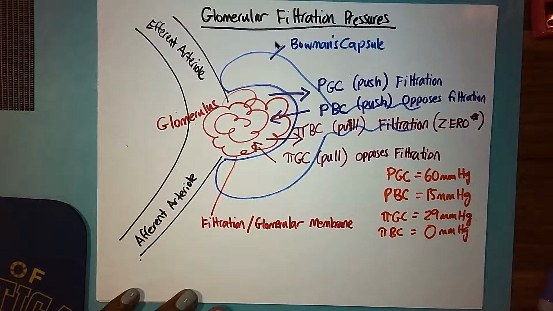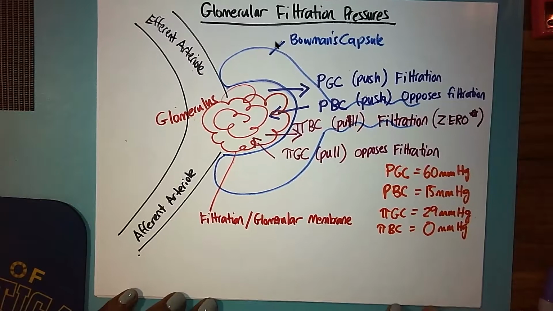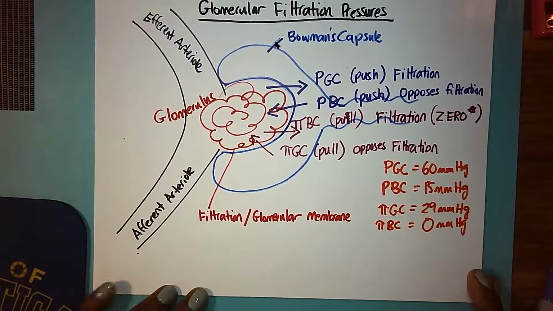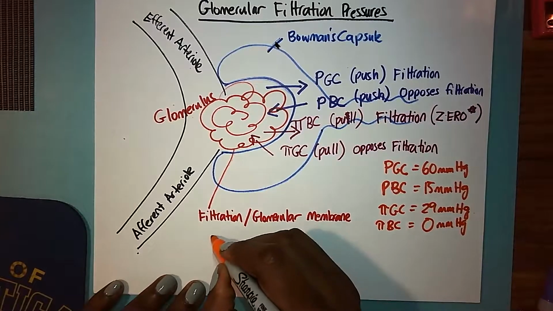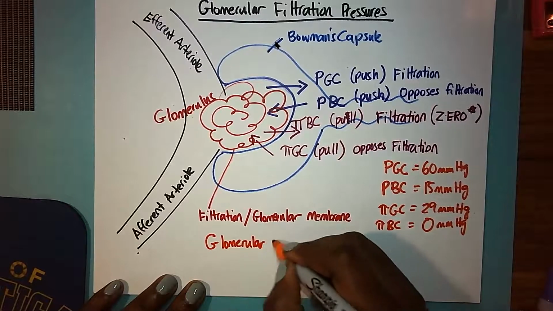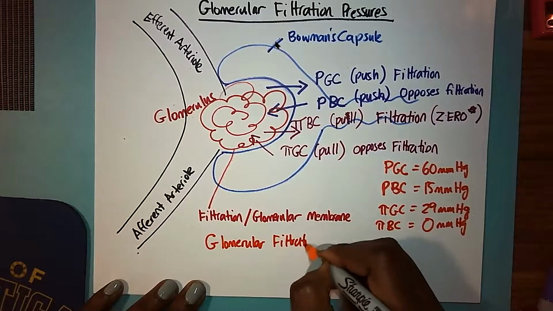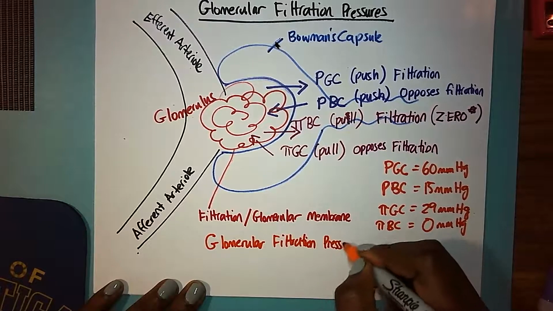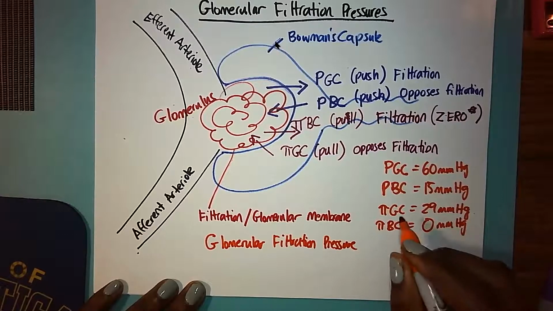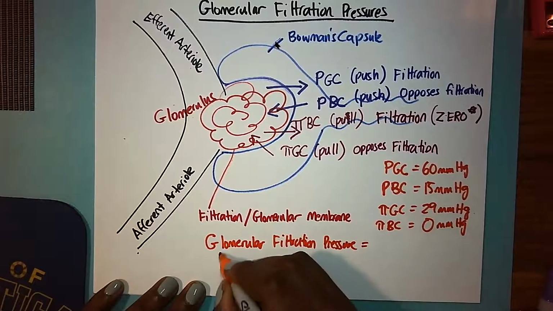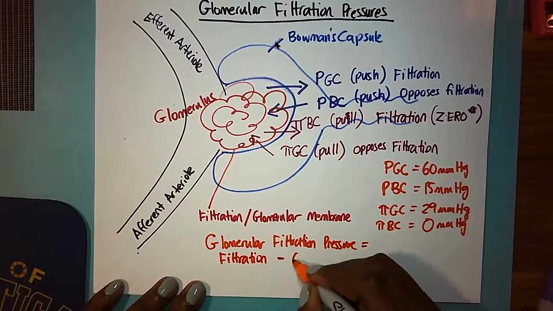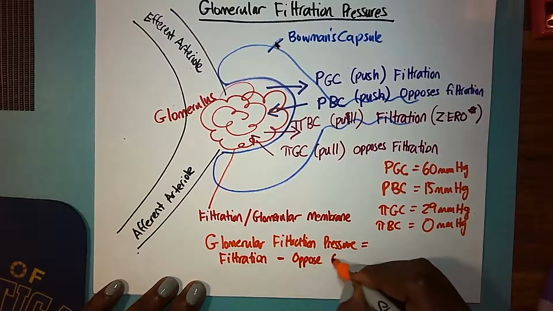Okay. And based upon our overall formula for calculating the glomerular filtration pressure, that is basically our forces that favor filtration minus our forces that oppose filtration.